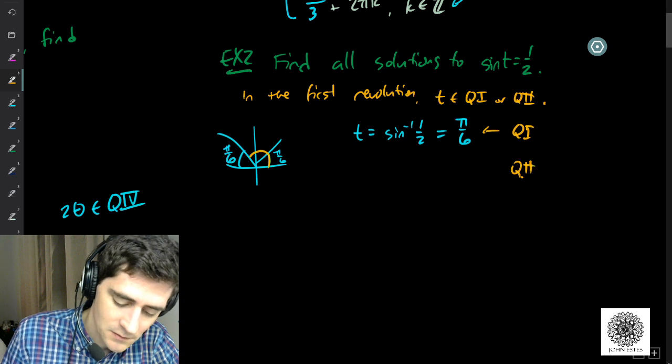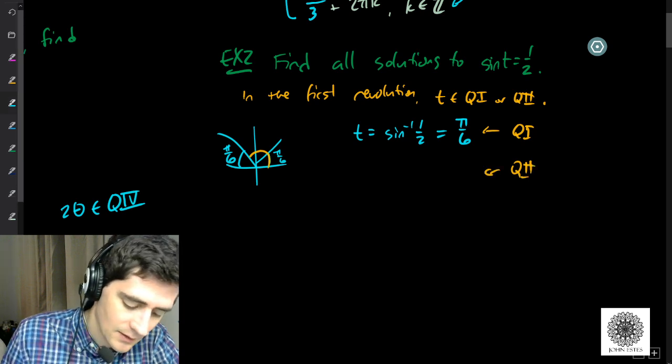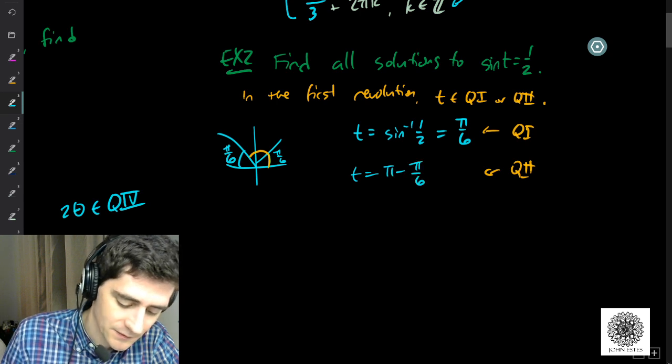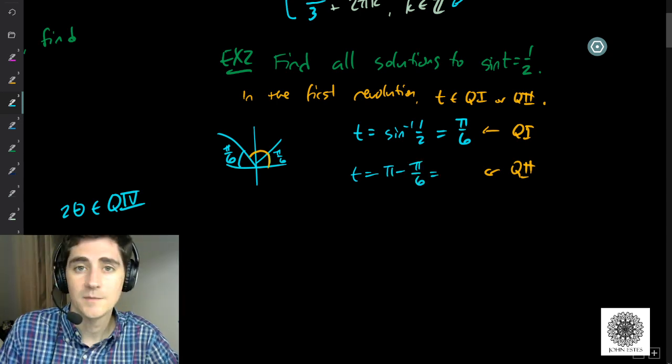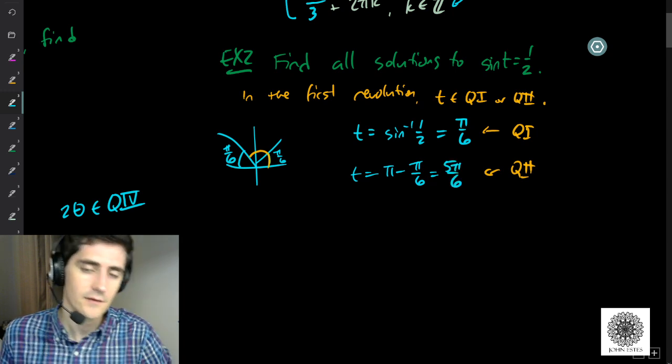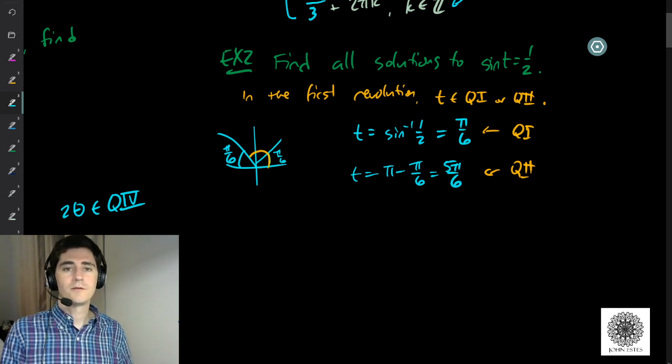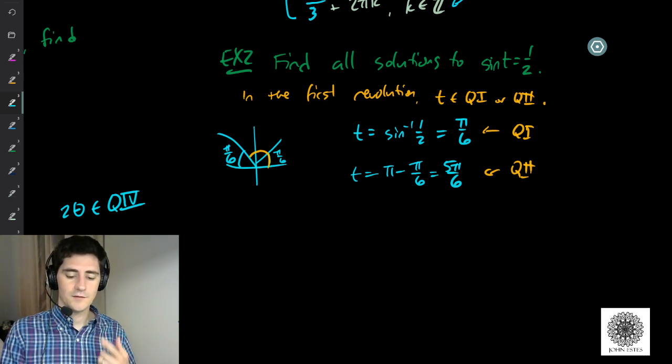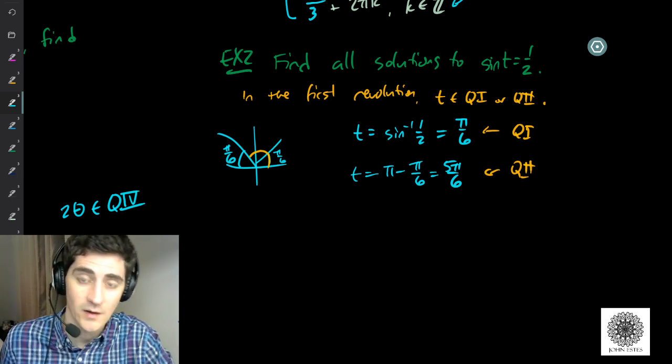My quadrant 2 is going to be t equals pi minus pi over 6, which gives me 6 pi over 6 minus pi over 6, 5 pi over 6. Those are the two solutions within one revolution: the first quadrant, pi over 6, and the second quadrant, 5 pi over 6.